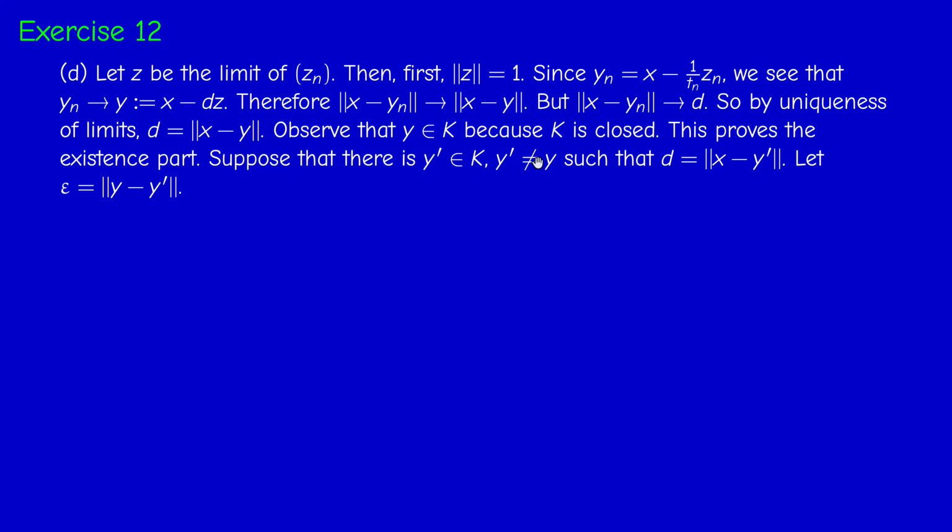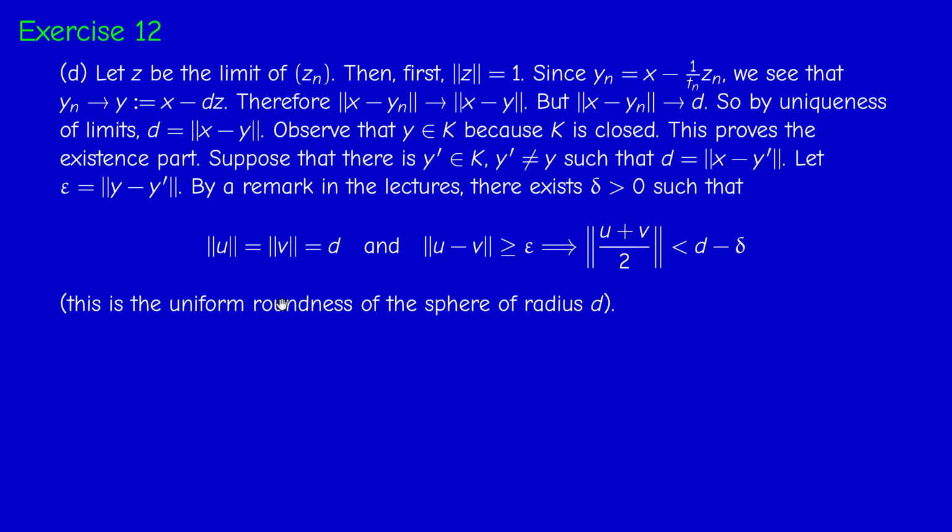And if y prime is different from y, then the distance between them is positive, and we take this number to be epsilon. Now, if you recall a remark in the lectures, if the space is uniformly convex, and this means that the unit sphere is uniformly round, then any sphere is also uniformly round. I hope that you proved that, because I gave it as an exercise.